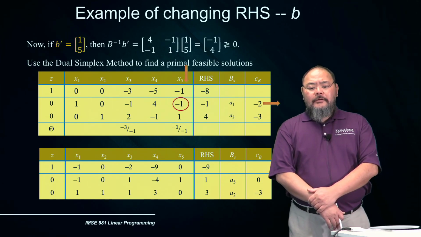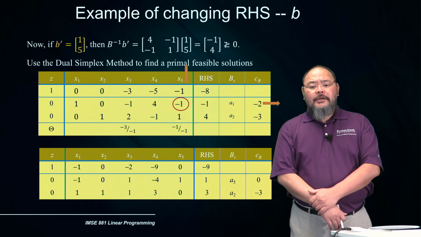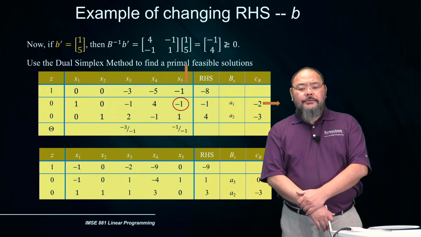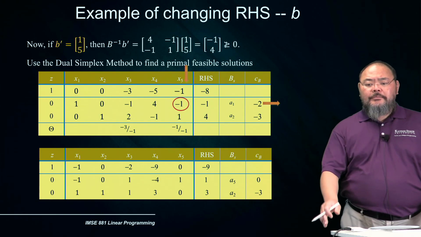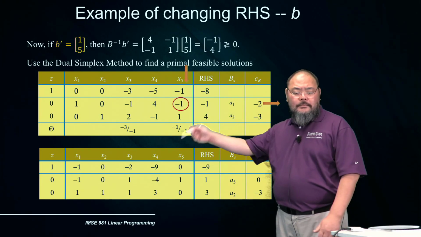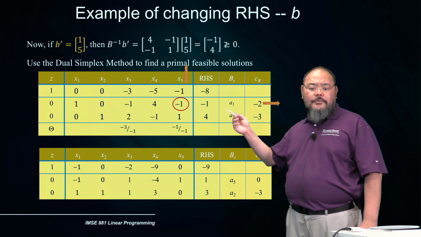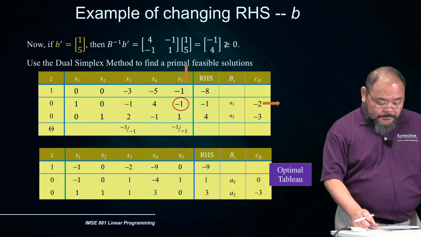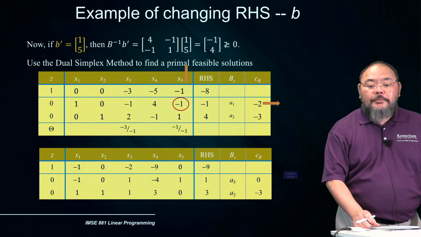If the current basic solution becomes negative, in that case we probably need to do dual simplex method iterations to make this infeasible primal solution feasible again. That gives a new optimal tableau in that case.